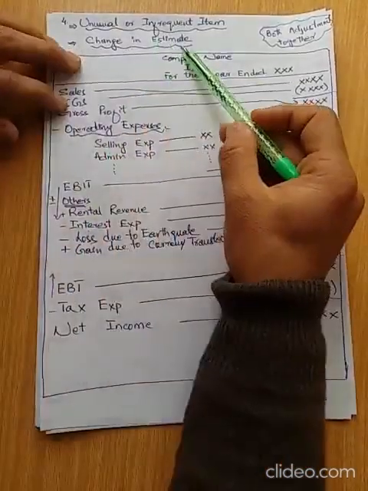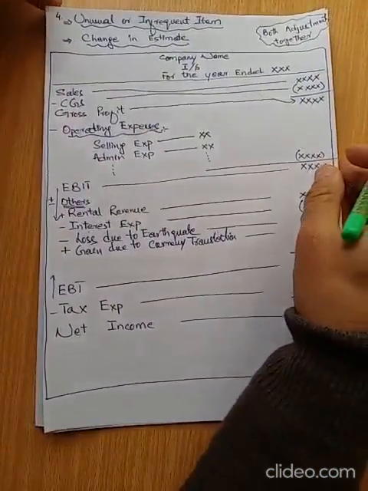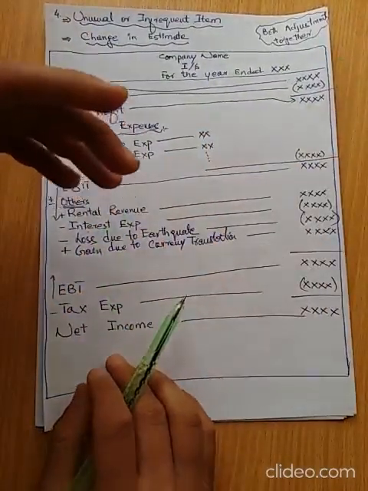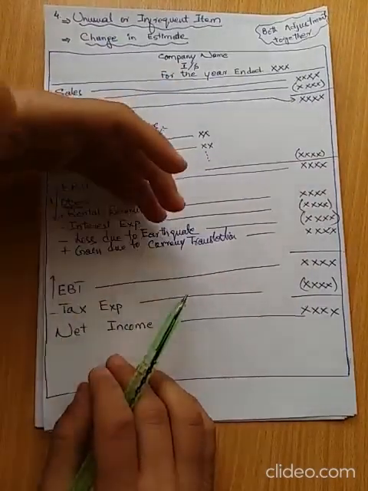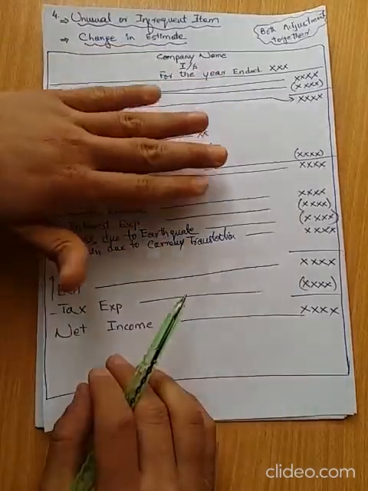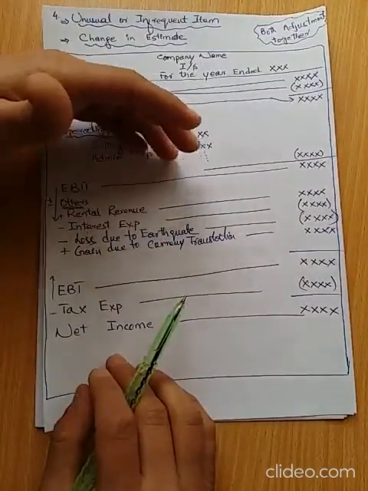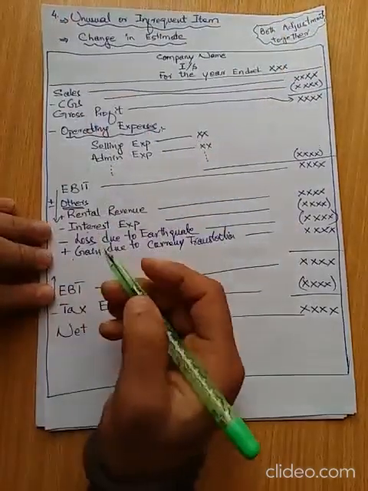Ladies and gentlemen, for change in estimate, let's say I estimated that $2,000 of my accounts receivable will not be recovered. So that was a bad debt. Now $2,000 was the estimation in the previous year. This year I expect, let's say, 1,000 more I will not be able to recover. So that's kind of a loss.